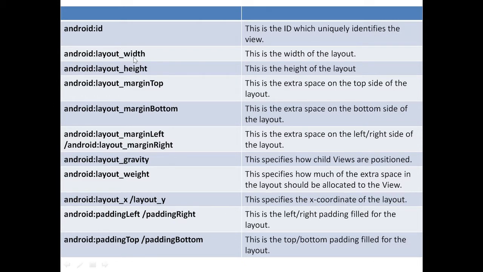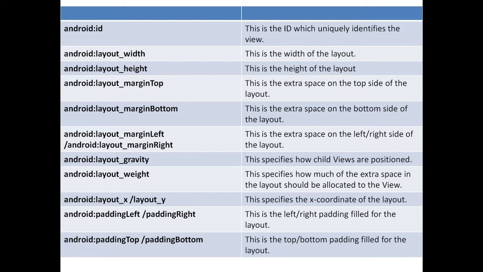Next one is layout width and layout height. Layout width is defined to set the width of the layout, and height is defined to set the height of the layout. Then layout margin top. This is the extra space on the top side of your layout.